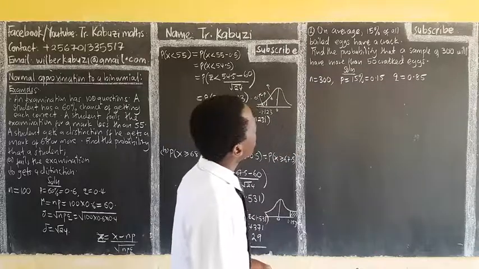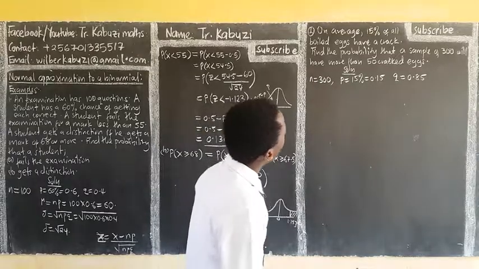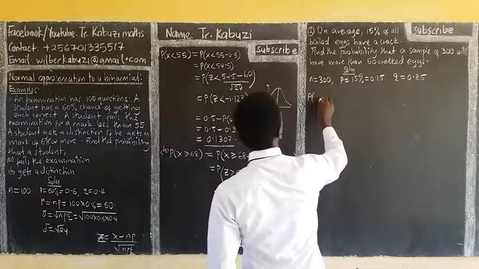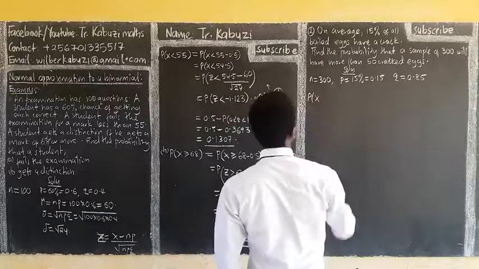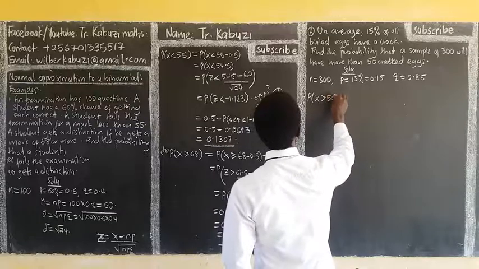So find the probability that more than 50 eggs are cracked. So our x is the number of cracked eggs, more than 50.